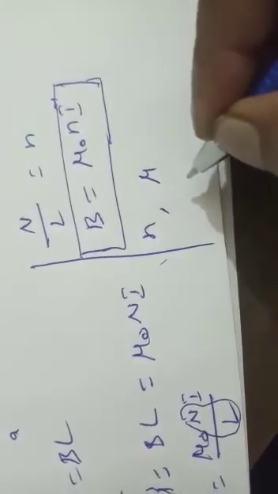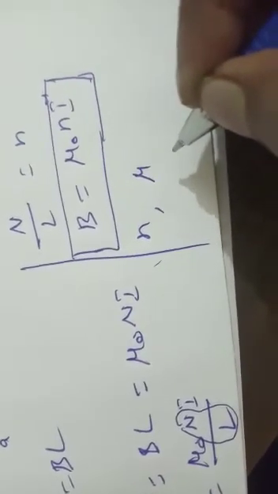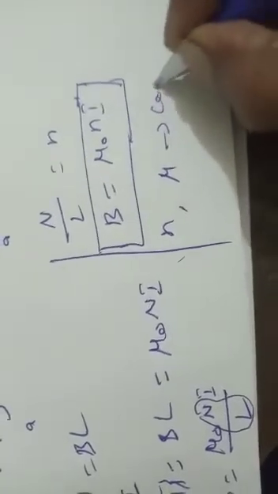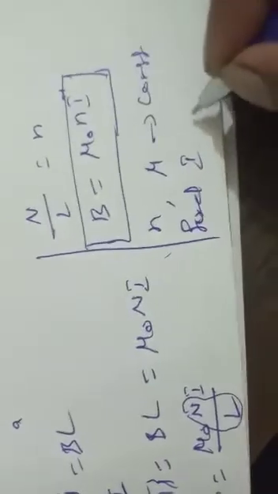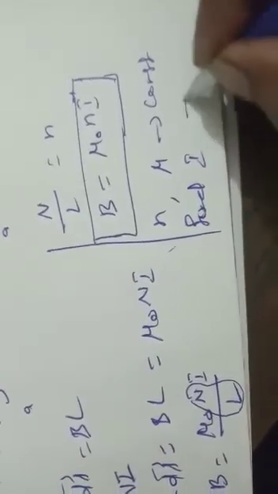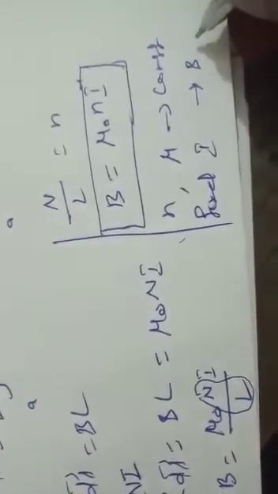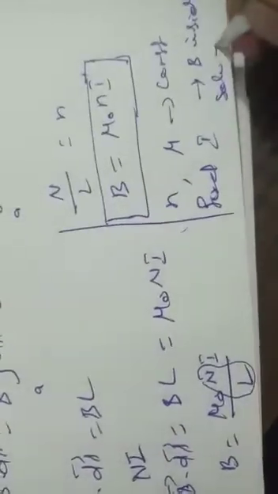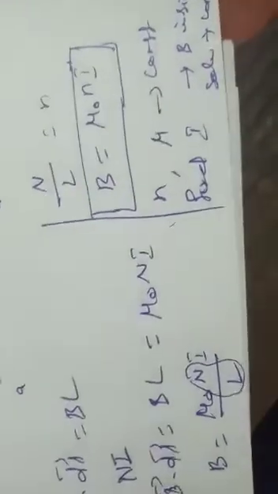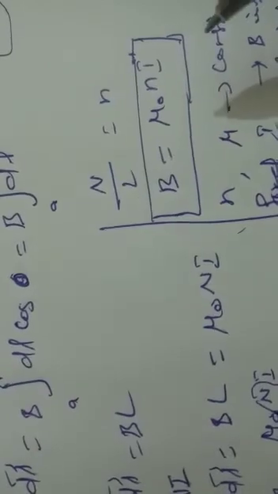For a fixed flowing current, the magnetic field inside the solenoid also will be constant. This is the magnetic field due to a long solenoid.